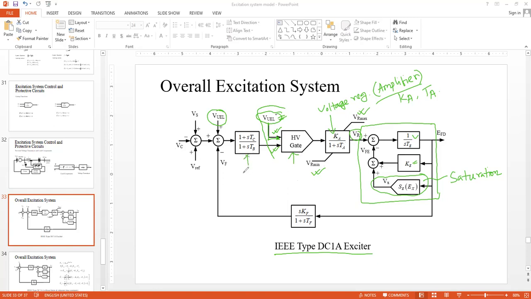And this is the lead lag block. This basically represents the inherent time constants of the exciter, which we haven't discussed in detail.